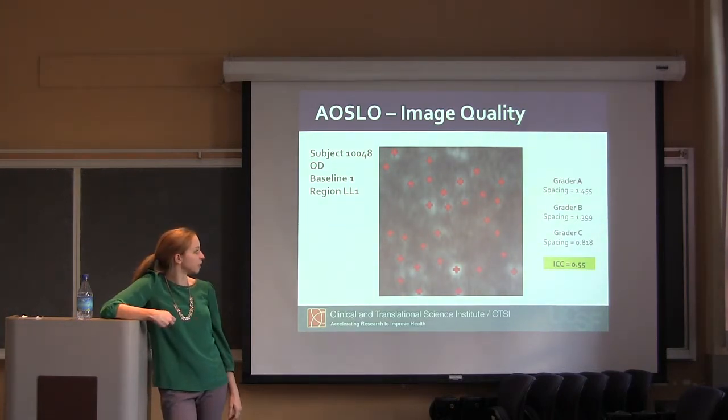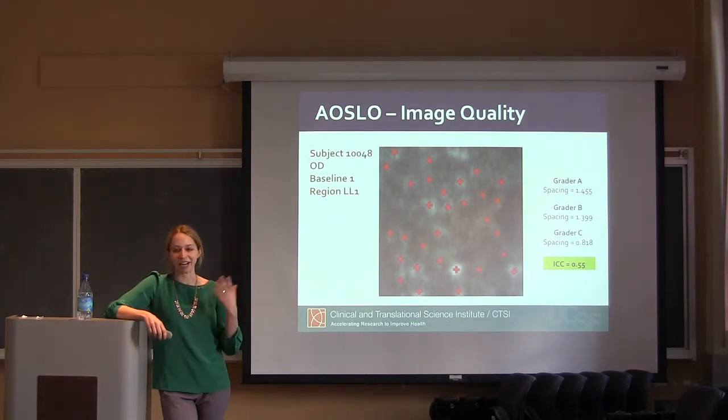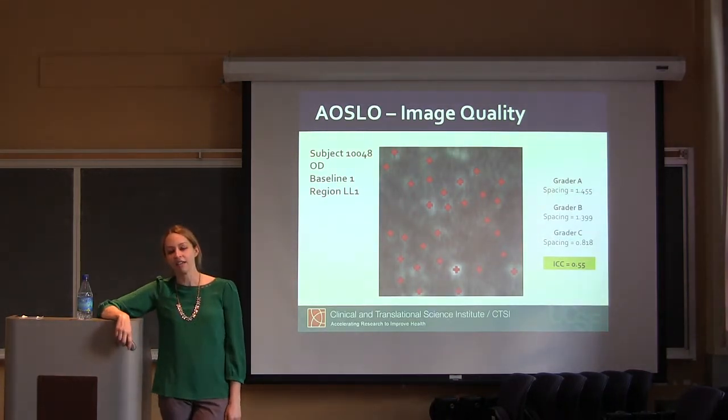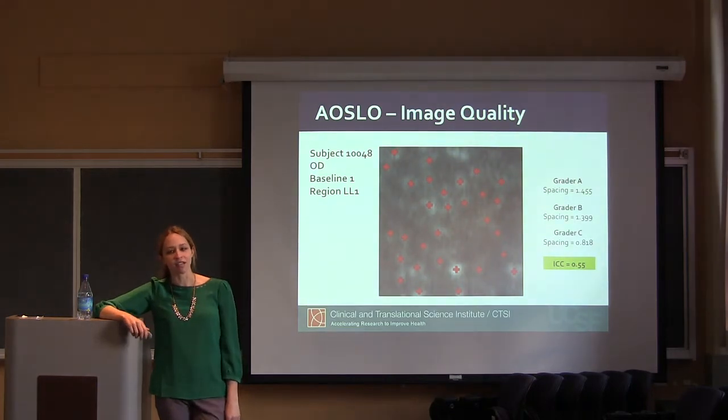This is clearly a cone here, but when you get to things like this and this, you can make an argument in your head either way. But I would say it's less than 20% that are really not agreeing very well.